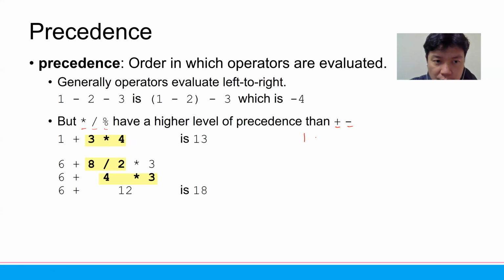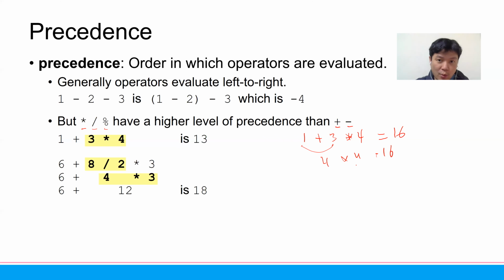If you apply left to right, then it can be 16. Am I right? 1 plus 3, we have 4, and multiplied by 4, which is 16. Okay, so if we apply left to right, then the result will be 16.